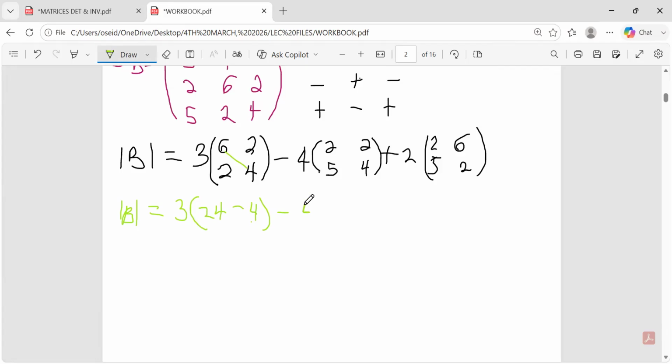Minus 4, and then our leading diagonals, 4 times 2, 8, minus the product of the other diagonal, 5 times 2 will give us 10. Plus 2. So the leading diagonal here is what? 2 times 2, which is 4, minus 30.